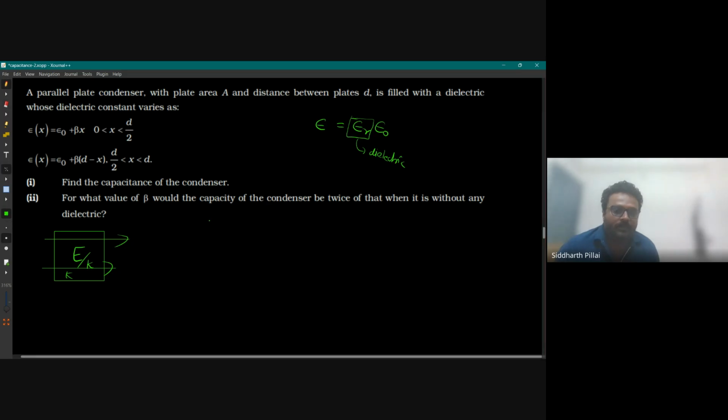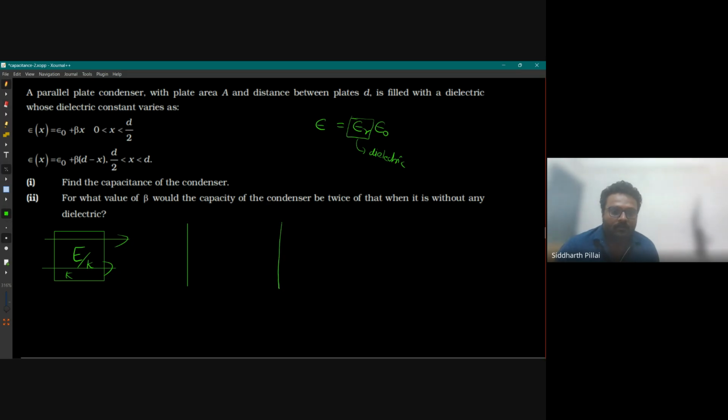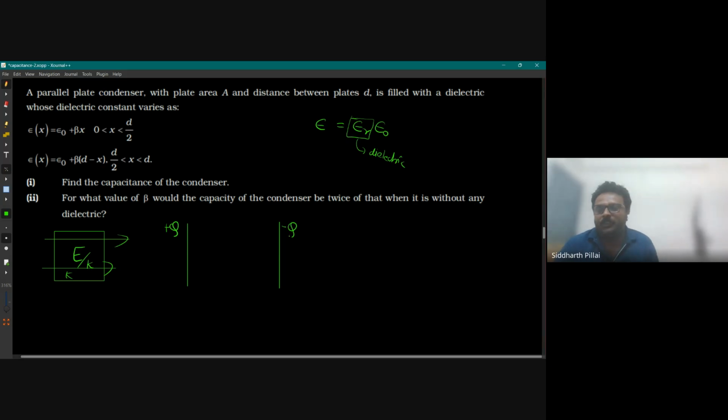Let's draw the figure here. You have plus Q and minus Q. Unless it is mentioned, we will always assume the capacitor to be isolated.